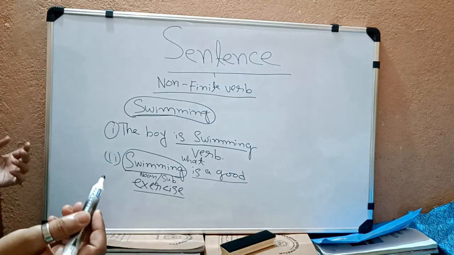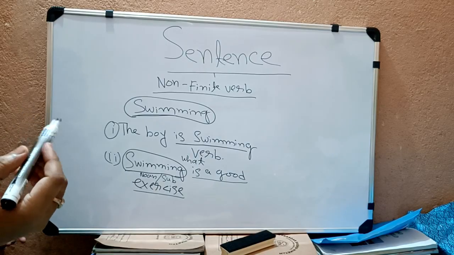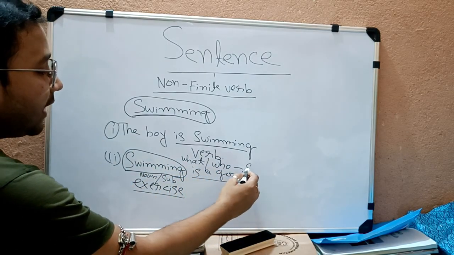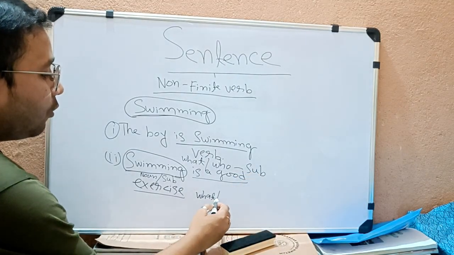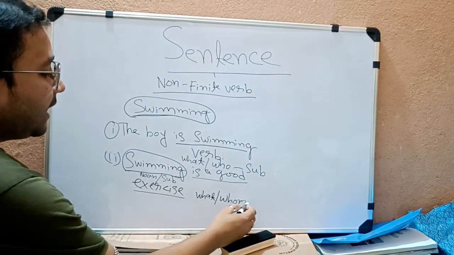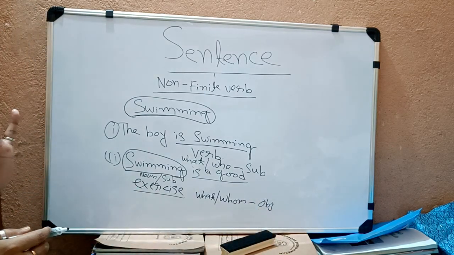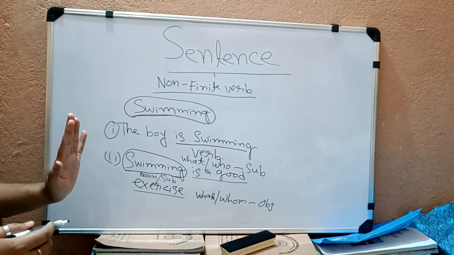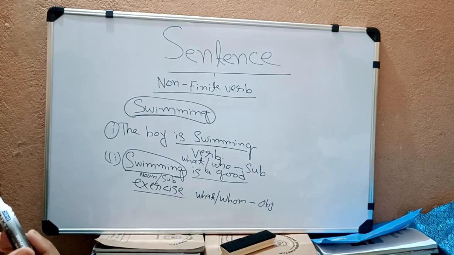If we question by using what or who, we can find the subject, and if we question what or whom, we can find the object of the sentence. This should be remembered.